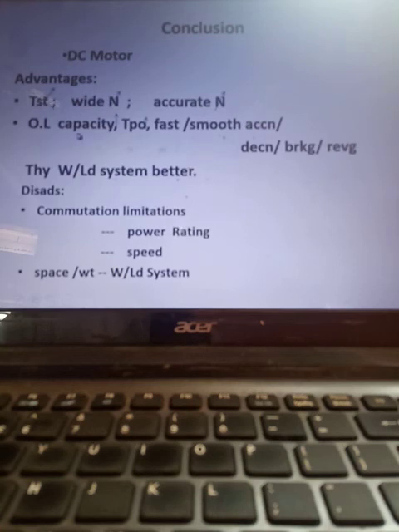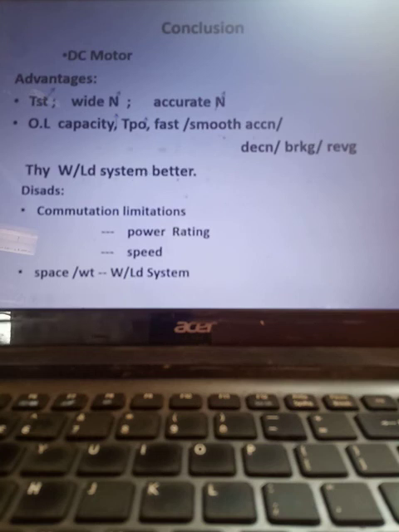These motors have higher overload capability, higher pull-out torque, and fast and smooth acceleration, deceleration, and reversing possibility is there. Regenerative braking is possible. With these things, thyristorized Ward-Leonard control is better.